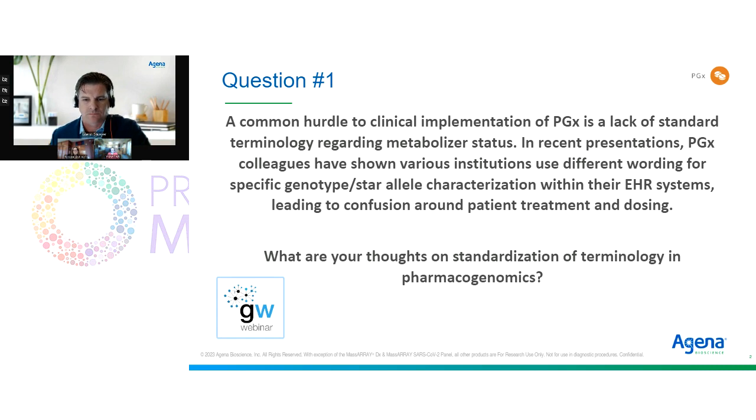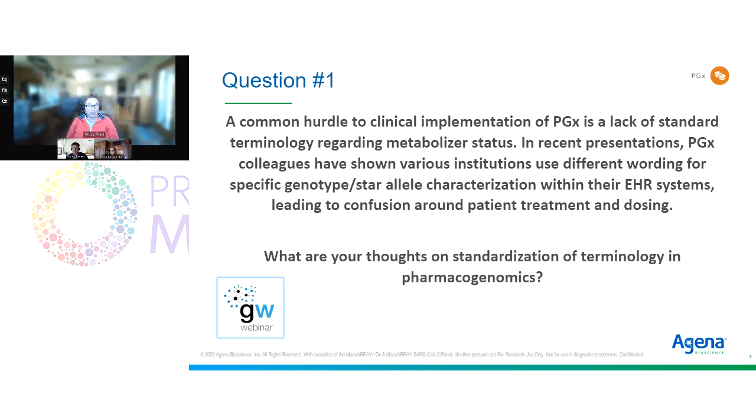So many drugs don't really have information in the FDA drug labeling about how to dose patients, like if you're an intermediate metabolizer. So that does cause some confusion by practicing physicians.